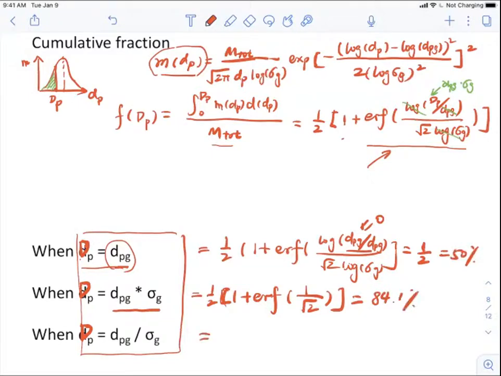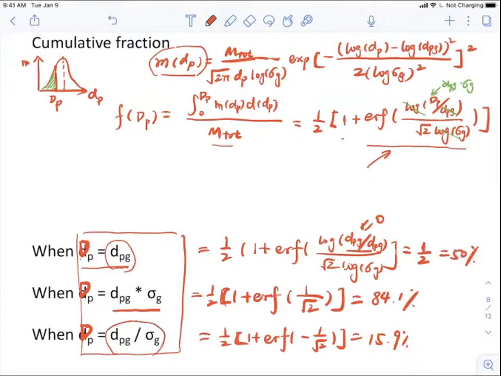Similarly, for the dpg divided by sigma g, that's 1/2, 1 plus error function of -1/square root of 2. It's 15.9%. Okay, so basically, if we plug in this size here, it's the same, right?